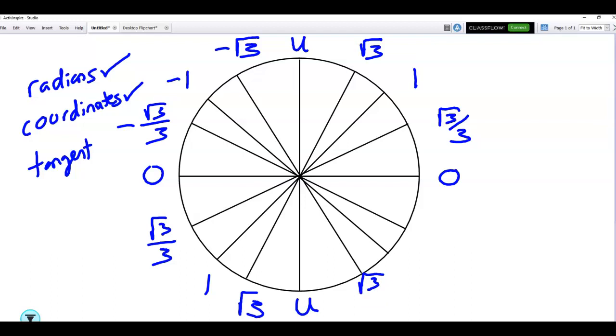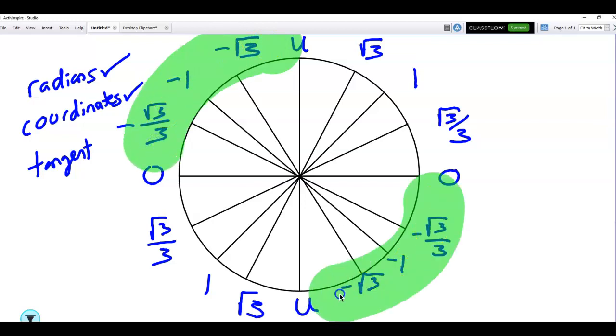Then we have our last quadrant here. So there's less to memorize with tangent values, thankfully. What you do want to know is that all the tangents in this quadrant and all the tangents in this quadrant are negatives. The other two quadrants are positives. But other than that, it's the same 4 numbers repeated over and over again there.